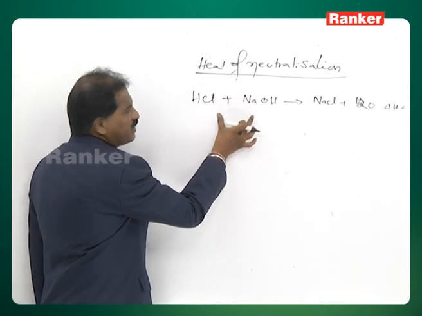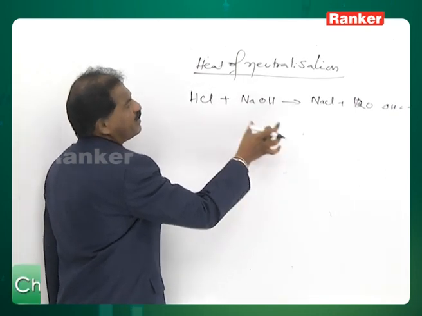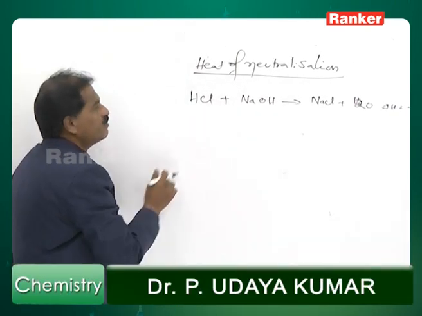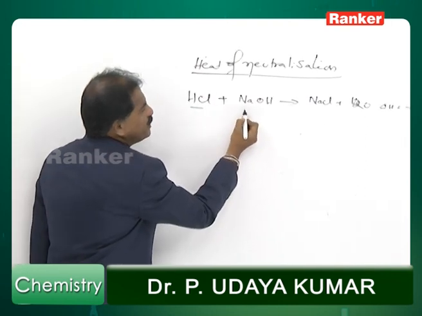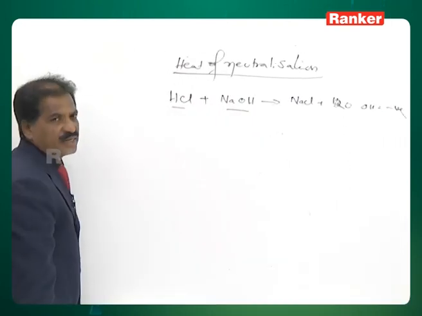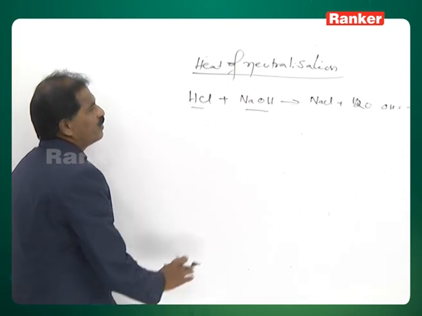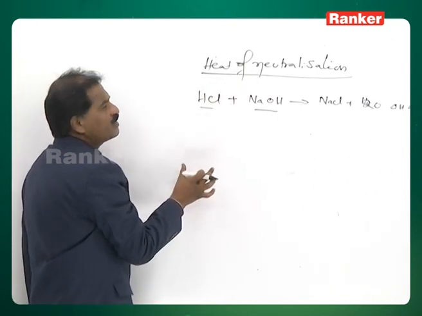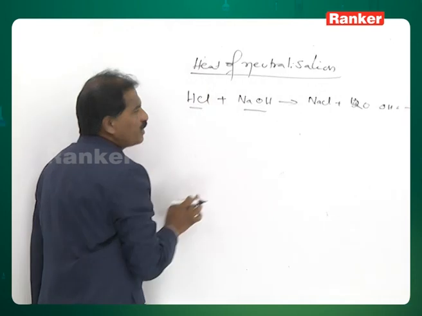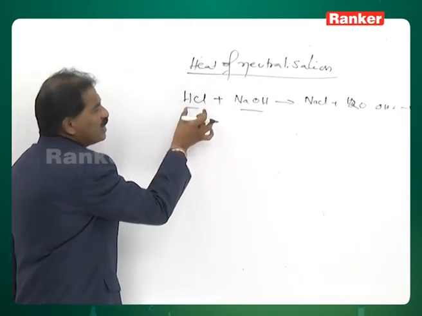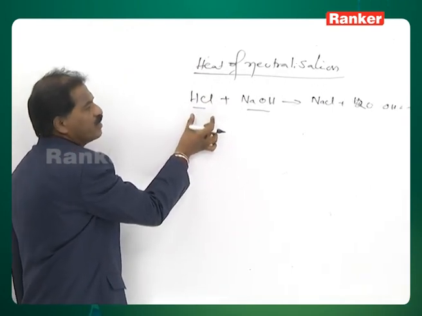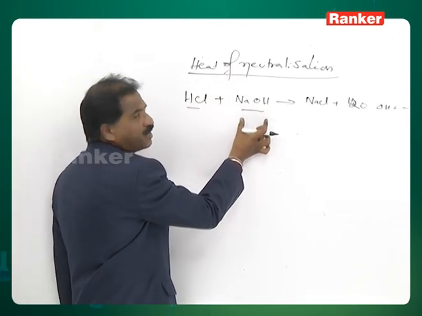Then how to define the quantity of heat liberated during these neutralization reactions? Since it is a chemical reaction, we define the quantity of heat liberated with respect to the number of equivalents of each reactant participating. Therefore the heat of neutralization is defined as the quantity of heat liberated when one equivalent of the acid is neutralized by one equivalent of the base.